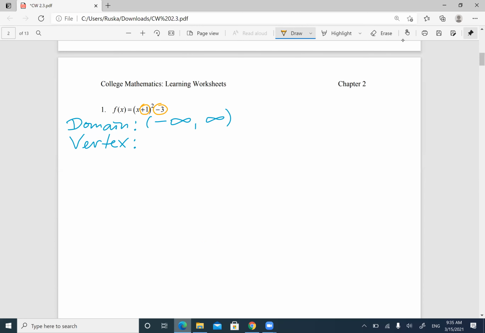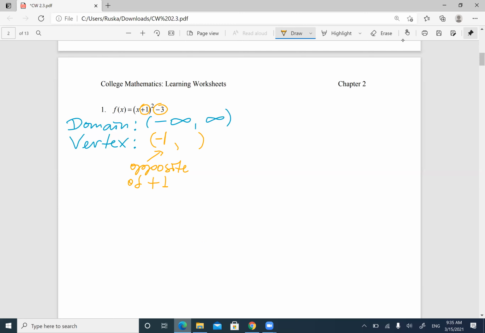So the vertex is going to have two numbers, h and k. The first number is going to be the opposite of which number? Opposite of positive 1, right? Opposite of the number next to x. So the opposite of 1 is going to be negative 1, right?